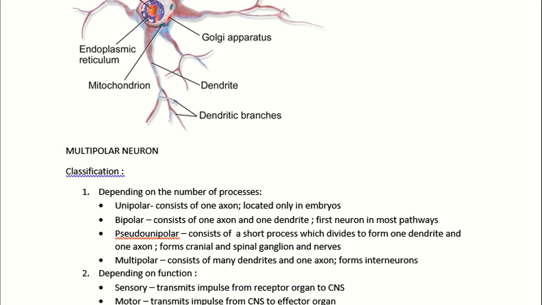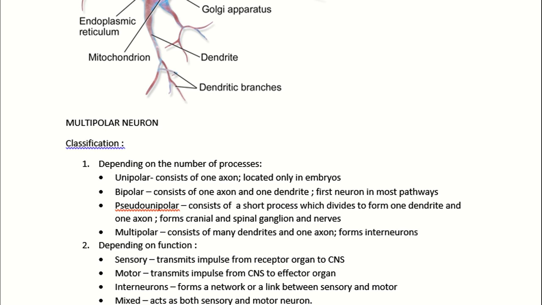The one which has myelin sheath is known as a myelinated neuron or nerve fiber in general, and the one which doesn't have it is known as a non-myelinated neuron or nerve fiber. So that's it with the classification.